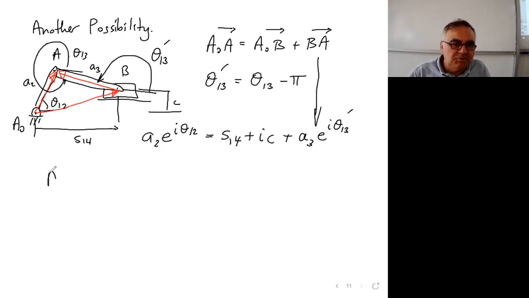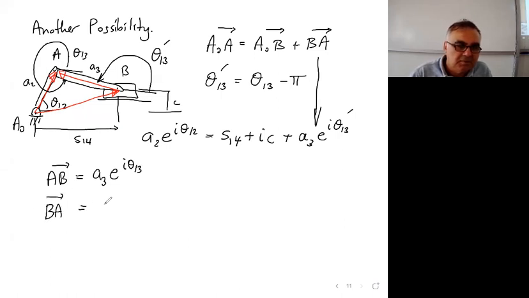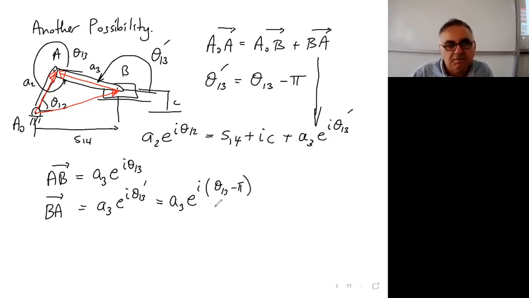So, as you see, AB is a vector, which is A3 e to the I theta 1, 3, and BA is a vector, A3 e to the I theta 1, 3 prime, which is A3 e to the I theta 1, 3 minus pi. As a matter of fact, it is simply the negative of this, right? Minus A3 e to the I theta 1, 3.